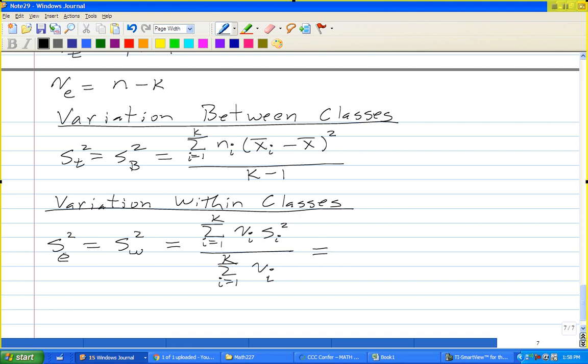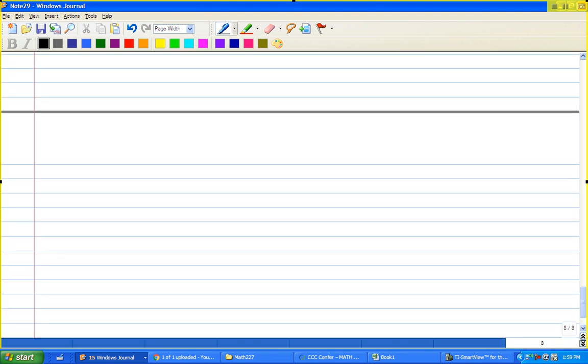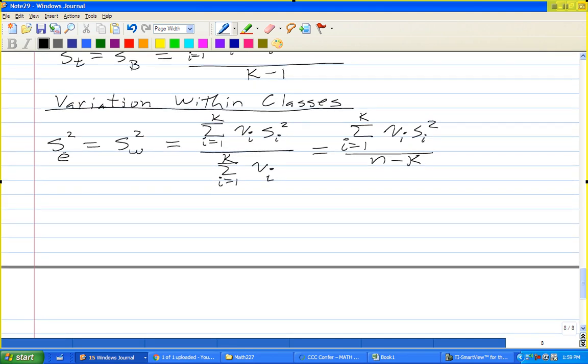Well, sometimes we'll just say this is equal to n minus k, since the sum of these is n minus k, the sum of the degrees of freedom, because there's k of them.